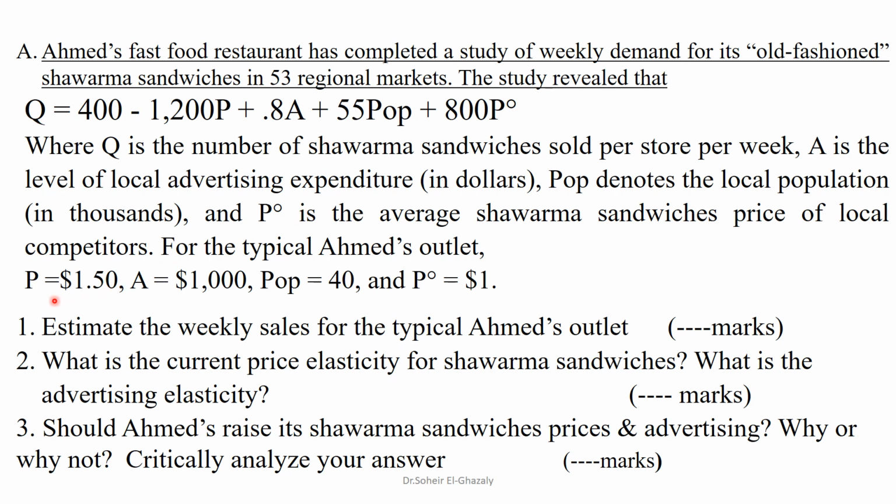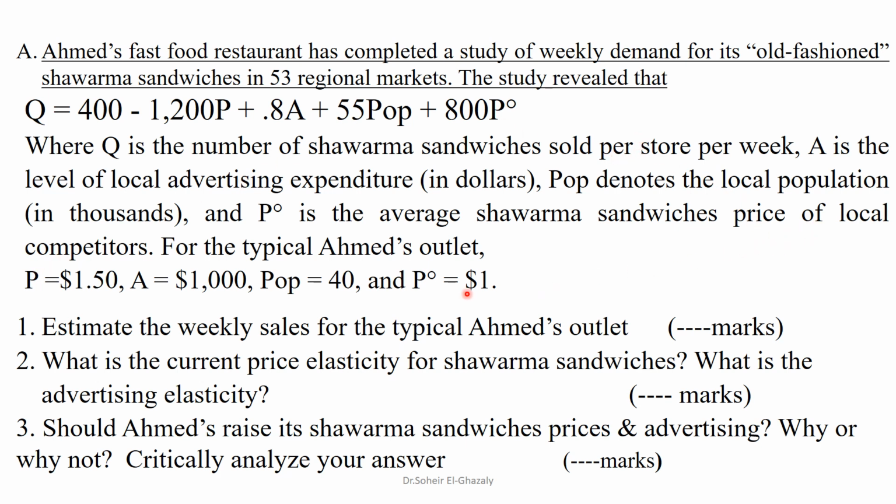So what I will give you in the problem is that P equals 1.5, or 1.50. Remember what we said P is? P is the price for the selling in Ahmad's restaurant.